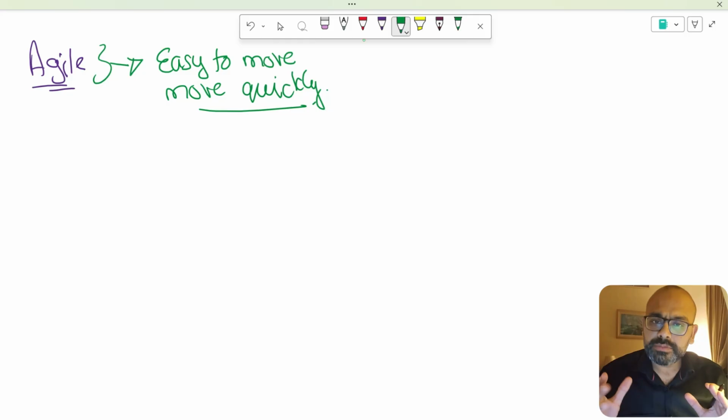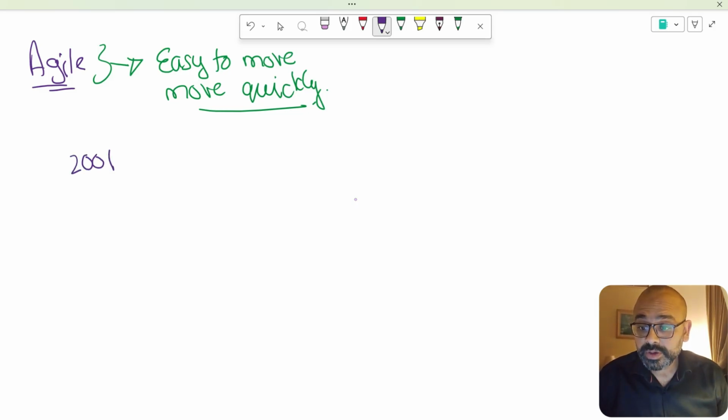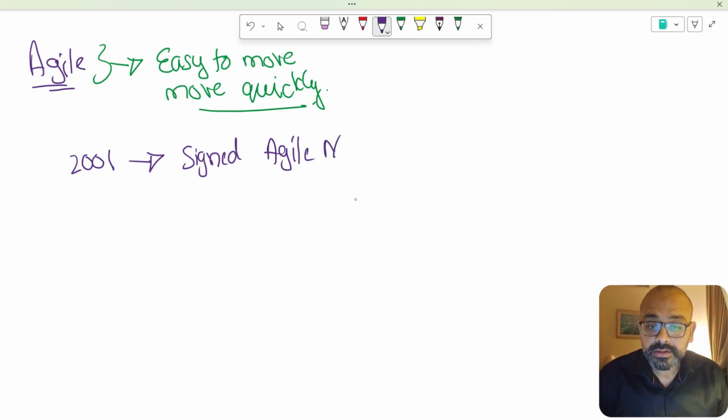Now, there's a separate lecture of how the word actually came into existence. But for the PMP exam, you must understand this particular aspect, that there were some people somewhere in 2001 who sat together and signed the Agile Manifesto.